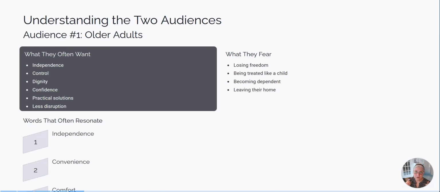I have a neighbor who's in her mid-80s down the street, and her children live all over the country. Her siblings live all over the country, and she has already had hip surgery. She has vertigo. She has heart issues that she goes to physicians for every month. She's an artist.